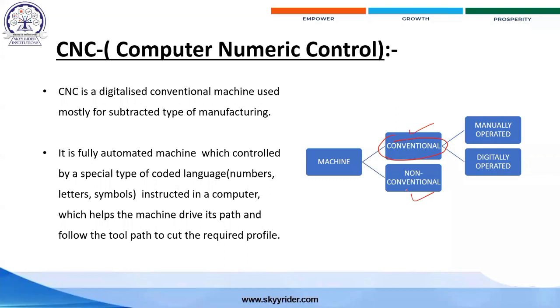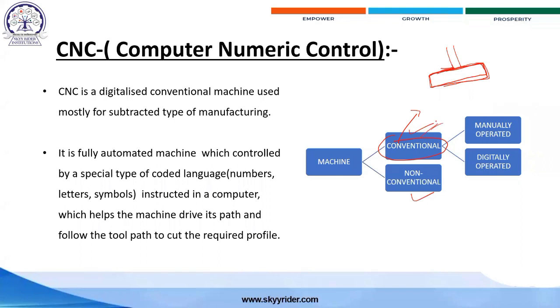Whenever you put a workpiece in the machine, the tool comes in direct contact with the workpiece to remove its material. Whatever tool you are using, like a mill cutter or face mill cutter, it makes direct contact with the workpiece and removes the material. That is called a conventional type of machine.